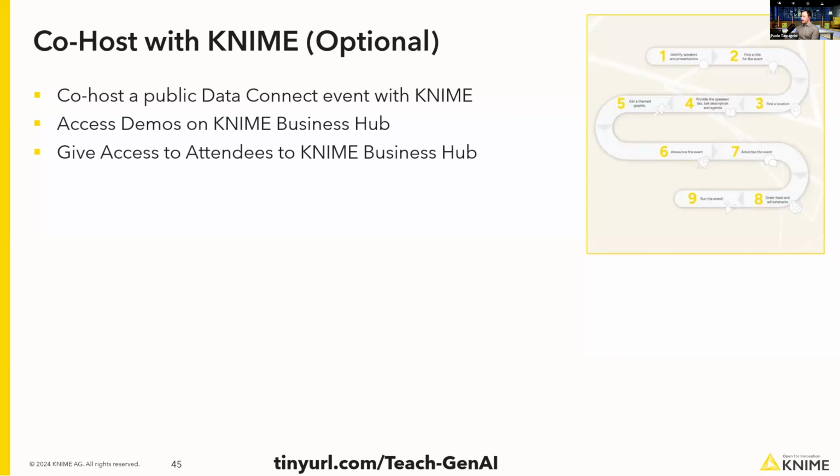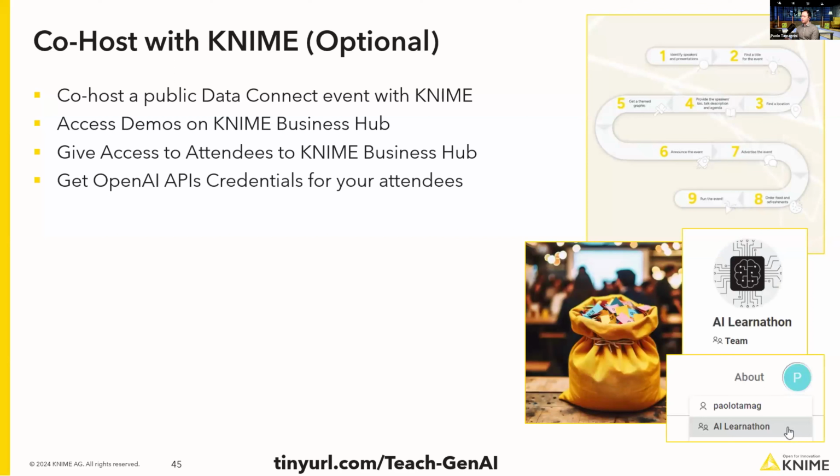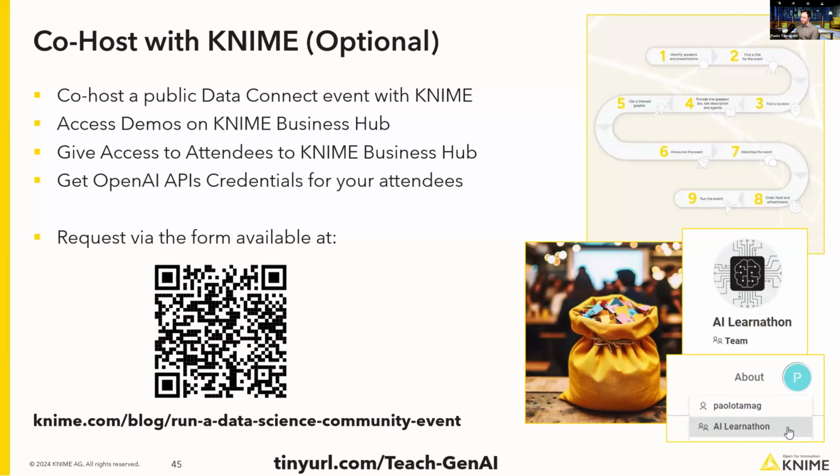You can also give access to the OpenAI APIs that we provide for you just for the day, because maybe the attendees don't come with their own APIs, and you cannot just expect everyone to use the same OpenAI credentials. So that's something to keep in mind.